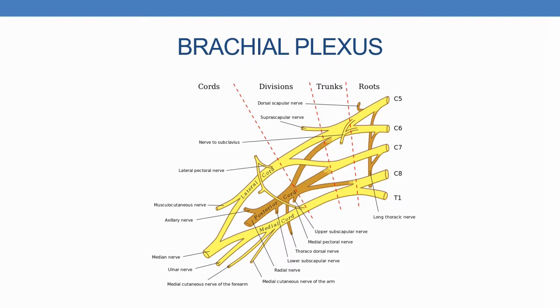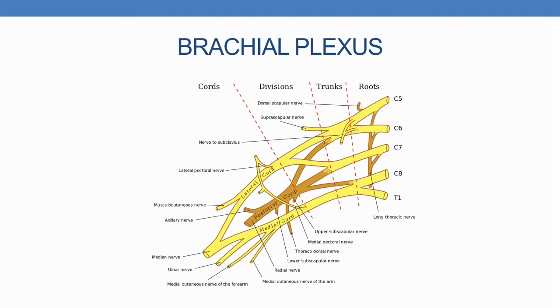So recall that the C5 nerve root, just like all the other nerve roots, by the time it's a nerve root, is mixed, meaning it's carrying both sensory and motor neurons. These sensory neurons are ascending towards the spinal cord, and they're going to enter the spinal cord through the dorsal horn.